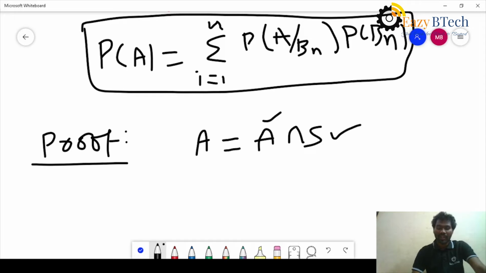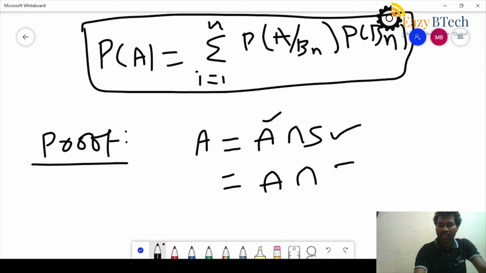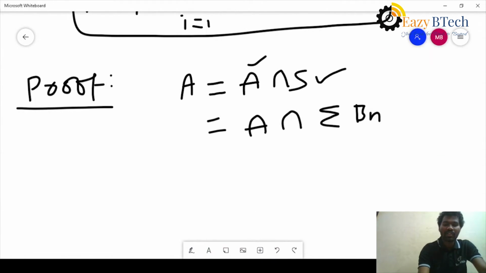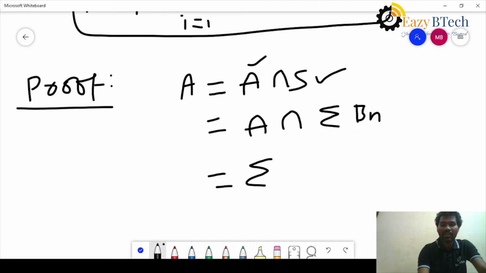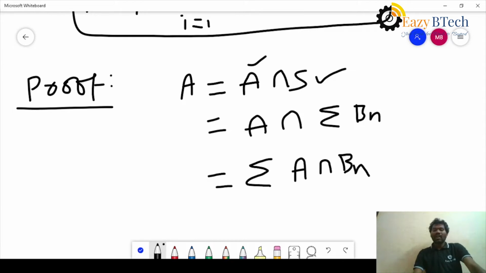A equal to A intersection S is nothing but A. And we already know that S can be written as the summation of Bn. Since all the events are mutually exclusive, you can take the summation out and write A intersection Bn. So, since all the events are mutually exclusive, the above equation can be written like this.